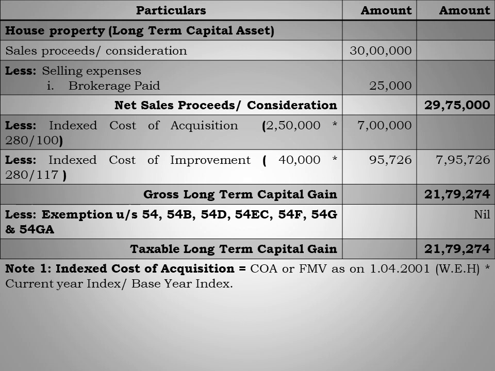And the second one is the indexed cost of improvement. Whether there is any improvement? Yes, of course there are two improvements, out of which we have to consider only one, that is the improvement made in June 2005. Why? Because the improvements which are made after 1st April 2001 will be considered for the calculation purpose. And here the improvement cost is 40,000 multiplied by the current year index.